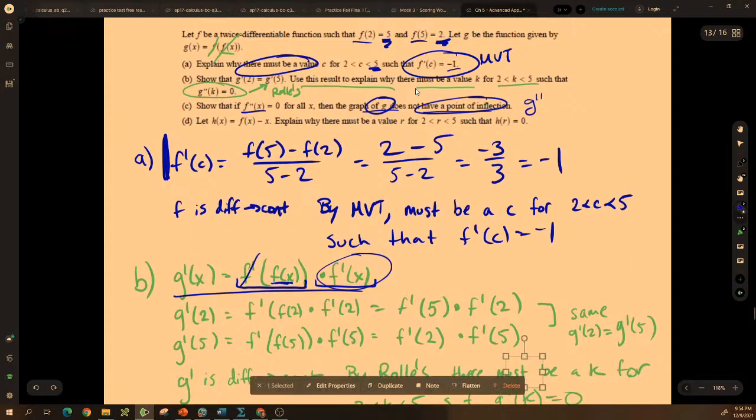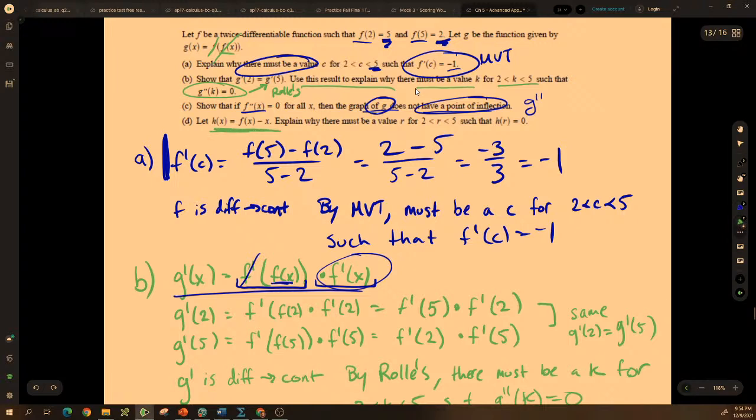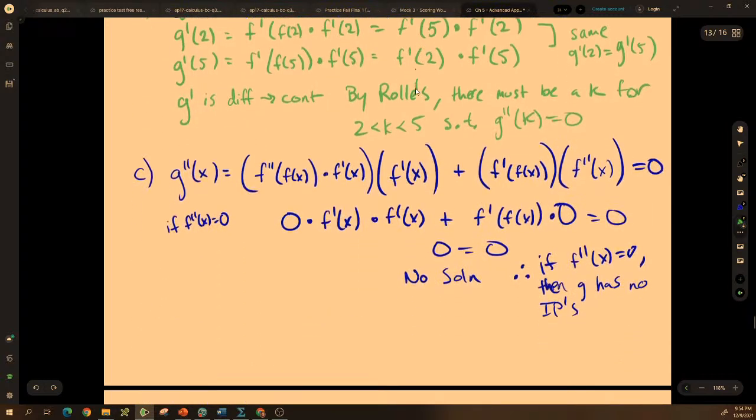All right, and then D says let h of x equal f of x minus x. Explain why there must be, again, I'm thinking IVT, MVT, Rolle's, EVT even, a value r such that h of r equals 0. So this is IVT. If I want to do IVT, I need to plug 2 into h and plug 5 into h. This is very similar to the question we did before.